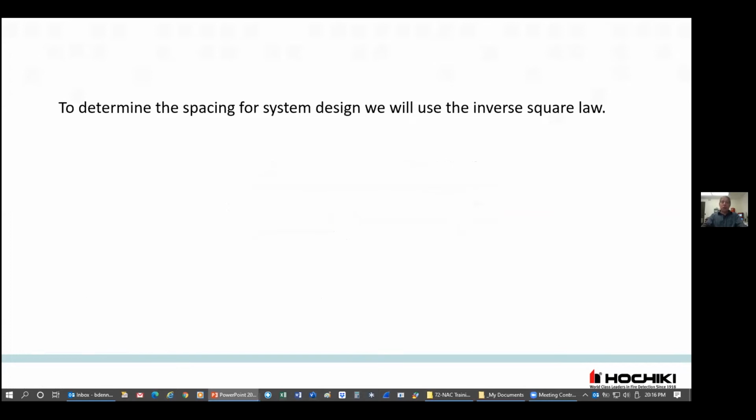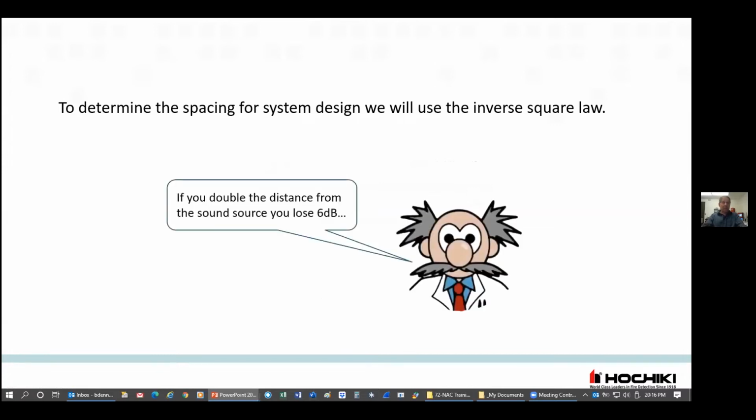To determine our spacing, we're going to use something called the inverse square law. This law partially says that if we double the distance from the sound source, we will lose 6 dB. So every time we double our distance away from that horn, we're going to lose 6 dB.